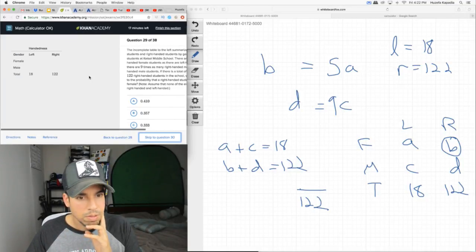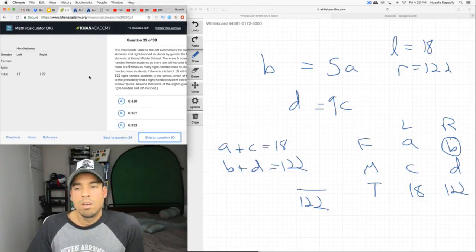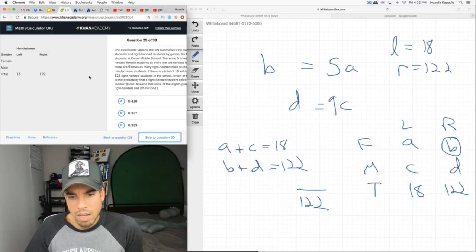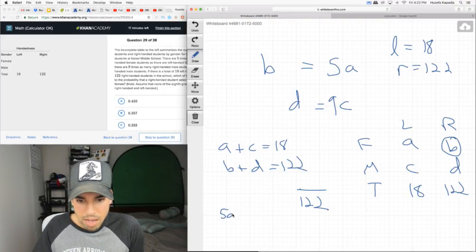A plus C plus B plus D. Is there a third system that I can do here? Okay, B equals 5A. All right, let's try and make this work here. 5A plus D equals 122. And then can we say 9? This is 9C.